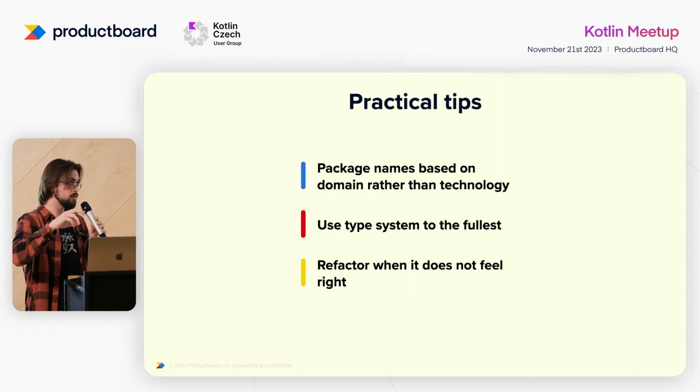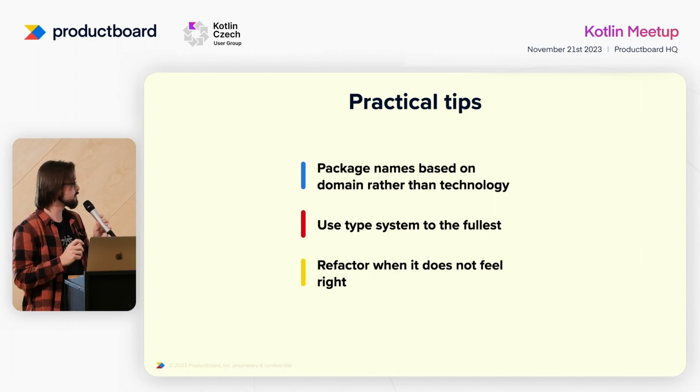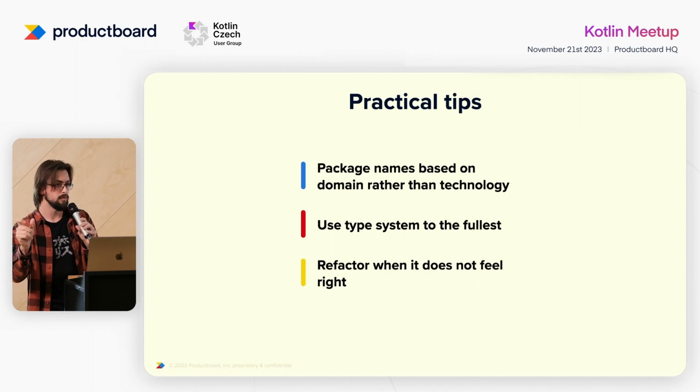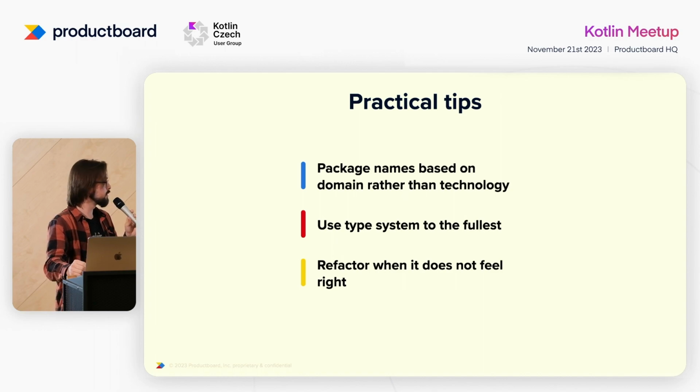Return from the validator another object, another type, and name it something like valid order. So later down the road, your services will consume not order, but valid order. And this way you communicate through the type system that services should only work with valid orders. So it's an interesting idea to utilize the type system this way.